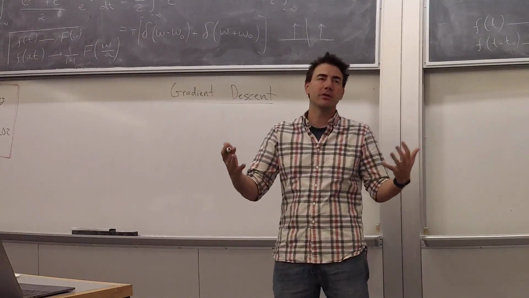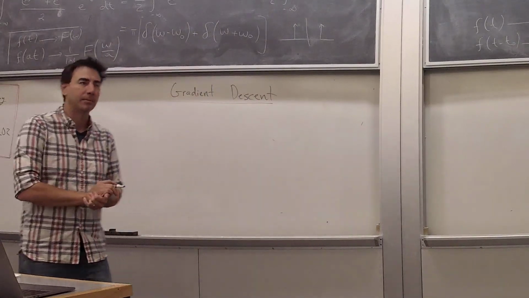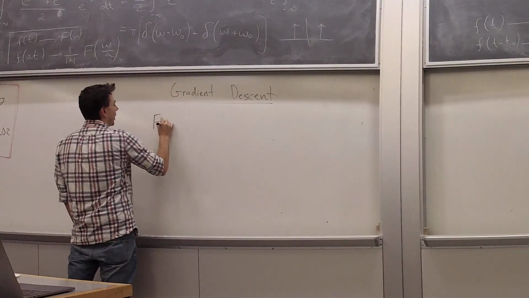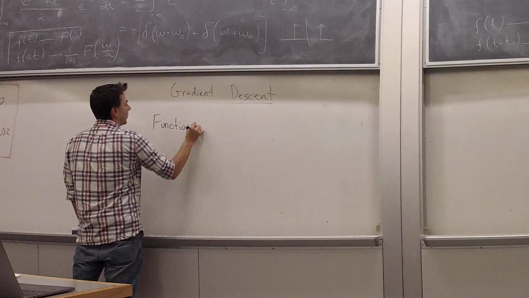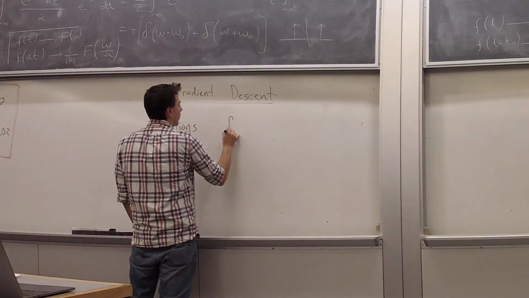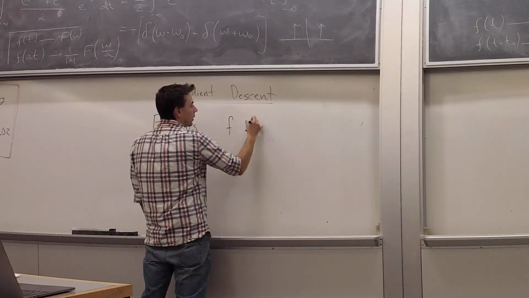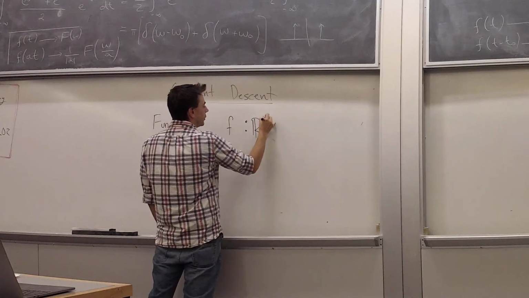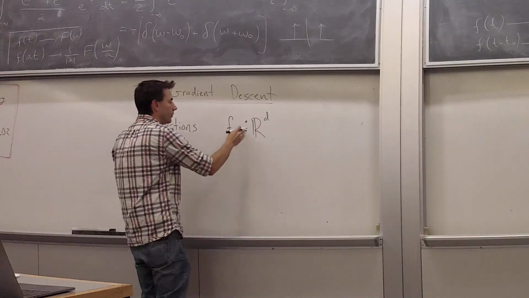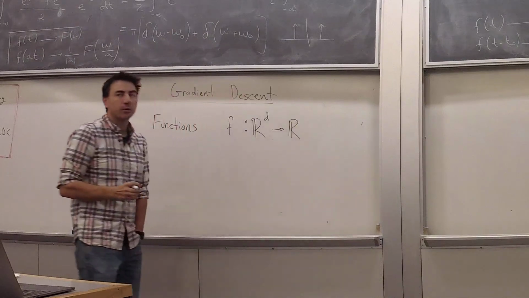But in order to set the groundwork properly for this, we need to start with some basics about functions. Okay, so you've probably seen a function before. We'll generally use f for a function, and it's going to go from a domain of R^d to a range of the real numbers.